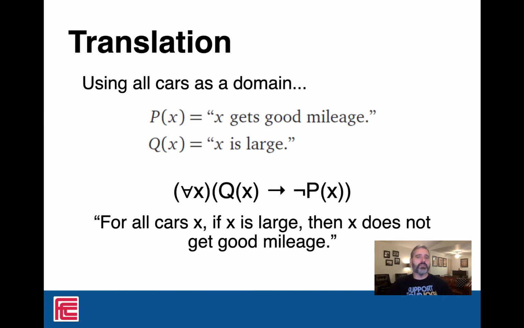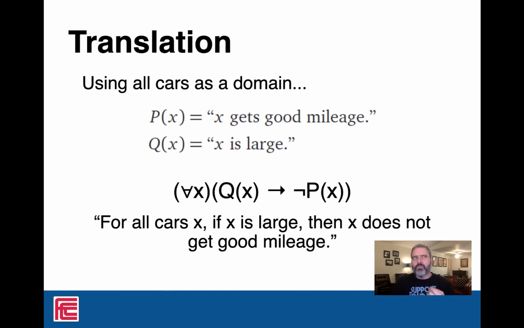Then we could say this expression here, for all x, Q of x implies not P of x, which in English would be: for all cars x, if x is large, then x does not get good gas mileage. That is the most literal translation of those symbols.